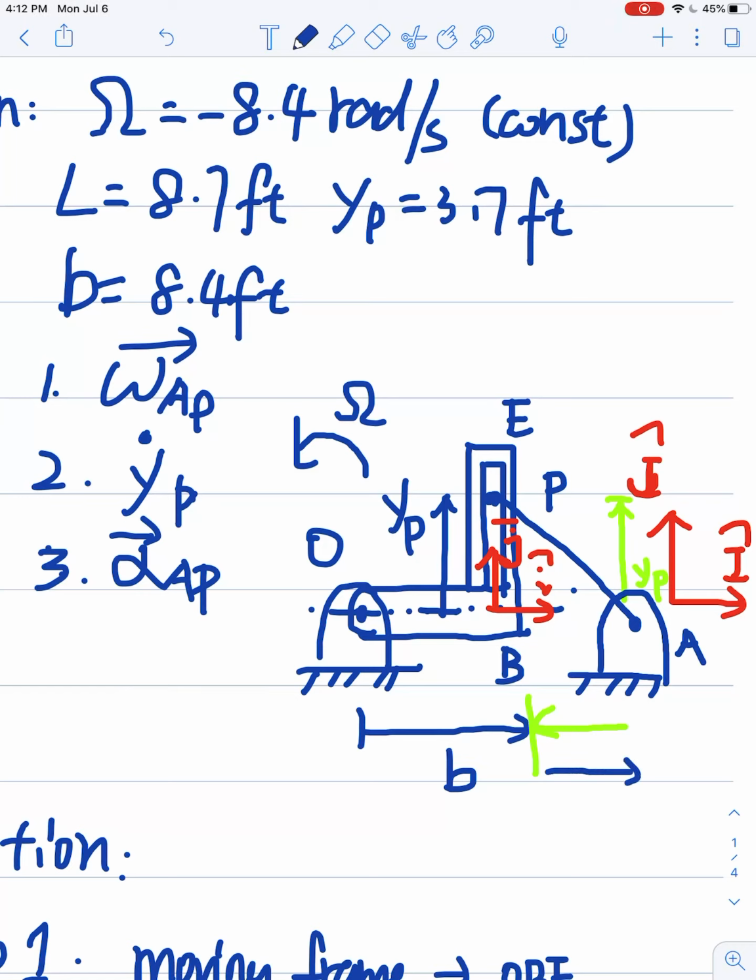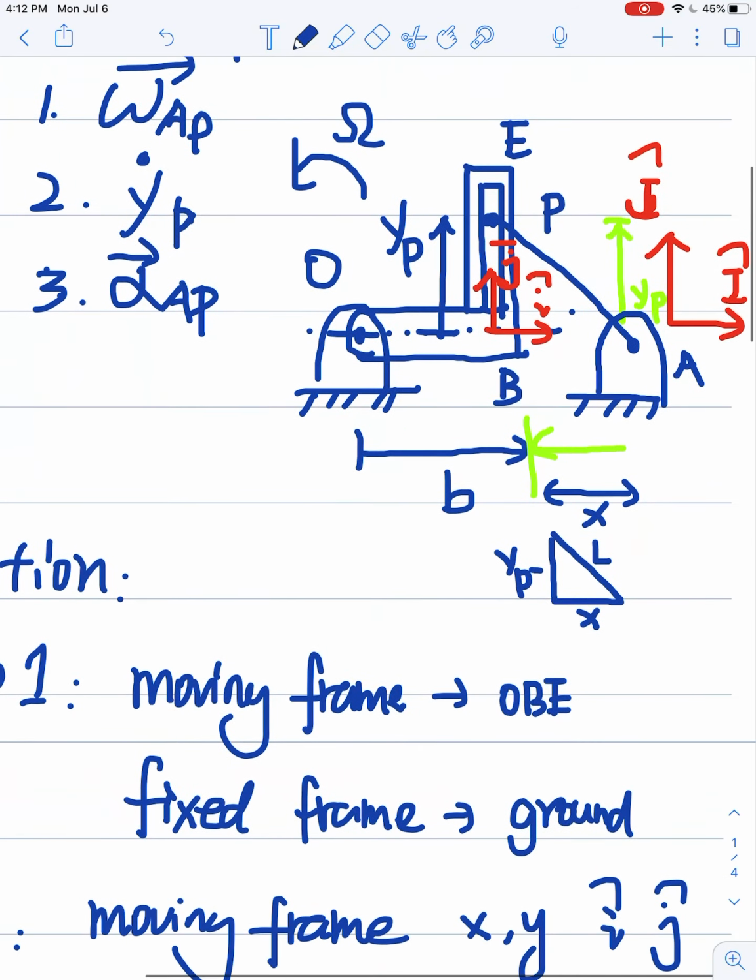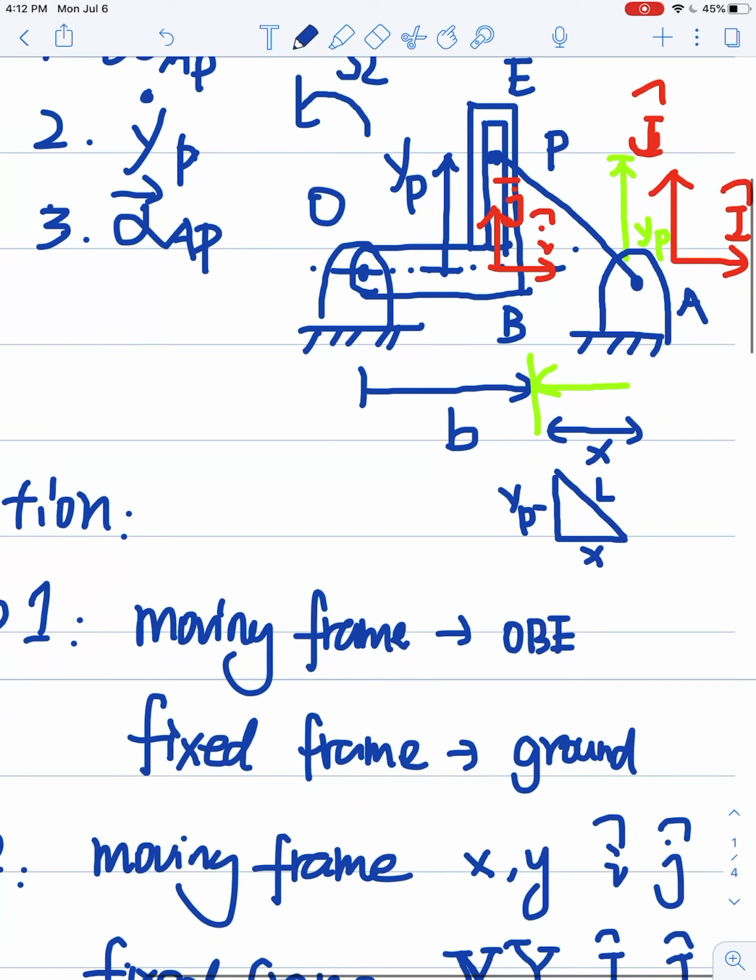So the distance here, this length, let's call it x, can be found by using the relationship inside of a triangle. We know this length is L, we know this length is YP, and we can find what x is. For x, it should be square root of L squared minus YP squared.